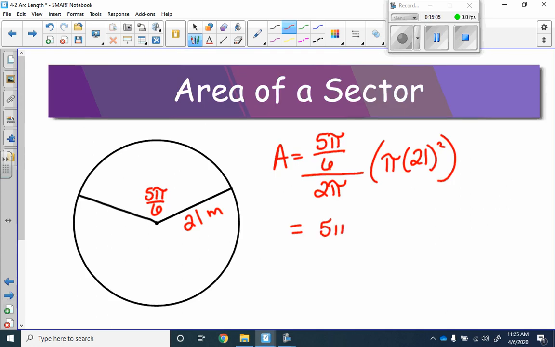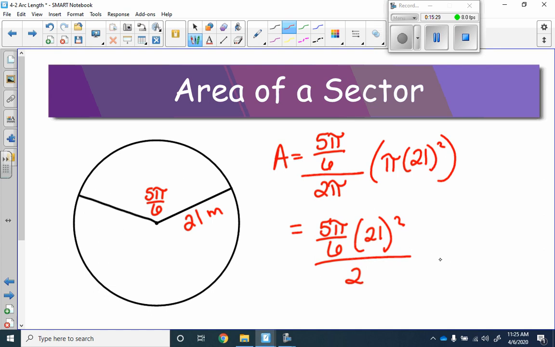So taking 5 pi over 6 times 21 squared, divide that by 2. If you'd rather do that, that's fine too. So 5 pi divided by 6 times 21 squared, and then dividing that by 2.